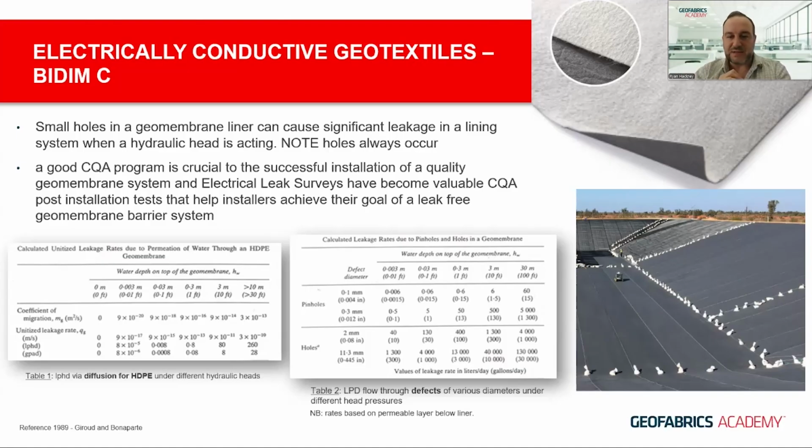As that hole diameter increases, with a 0.3 millimeter hole under 3 meters of head, the leakage through that one hole would be on the order of 500 liters per day, and all the way up to something that's still not significantly large compared to some of the examples we've seen: a hole of 11.3 millimeters in diameter, where it could be expected that 40,000 liters per day would travel through that hole.